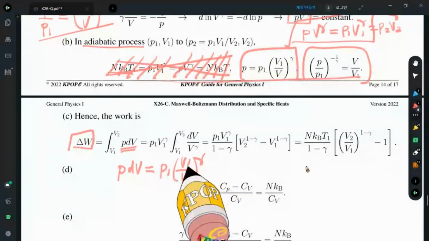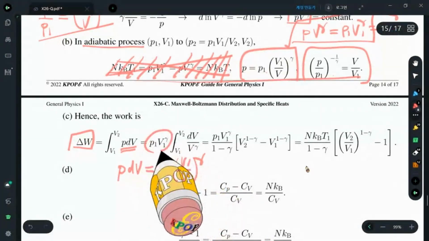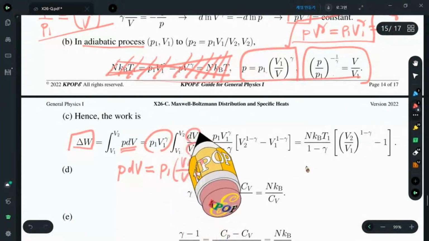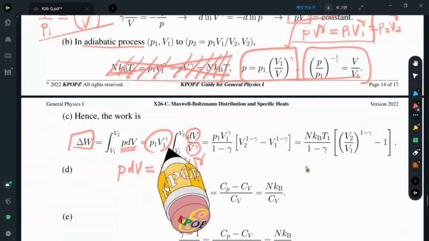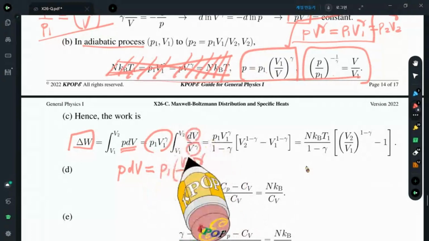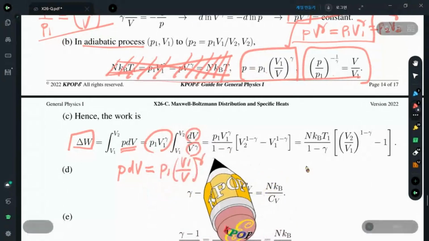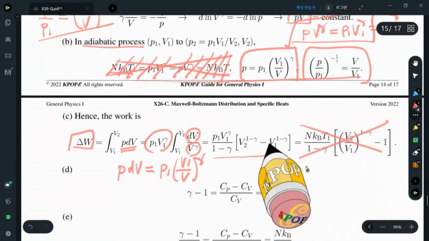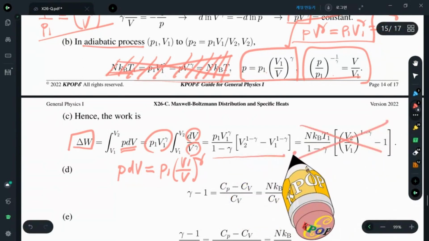So P1 V1^gamma is factored out, with V to the gamma in the denominator, dV. After carrying out this definite integral, we can obtain this. I think this one is unnecessary, and this one is enough.